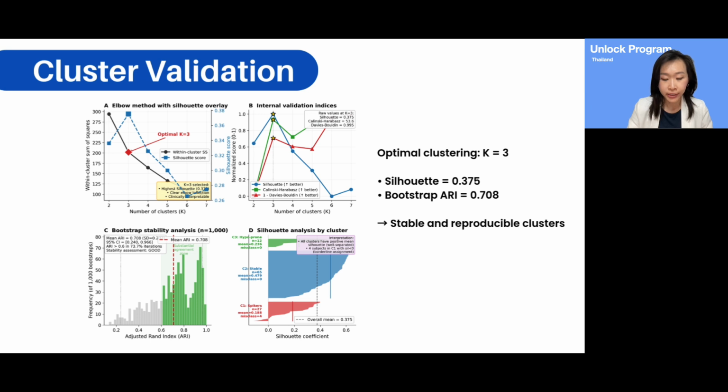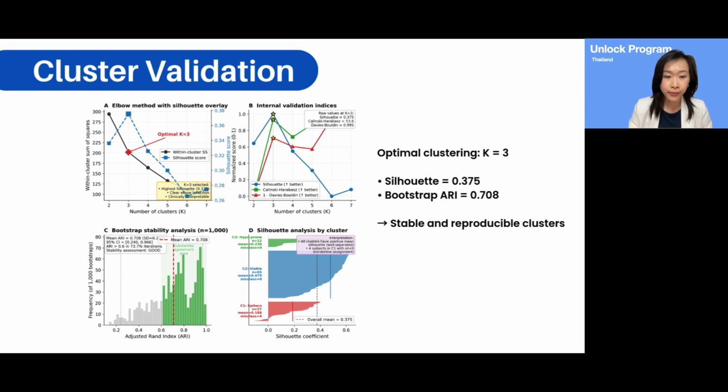To test stability, we performed bootstrap analysis with 1,000 iterations. The mean adjusted Rand index, or ARI, was 0.708, and about 74% of iterations showed substantial agreement.